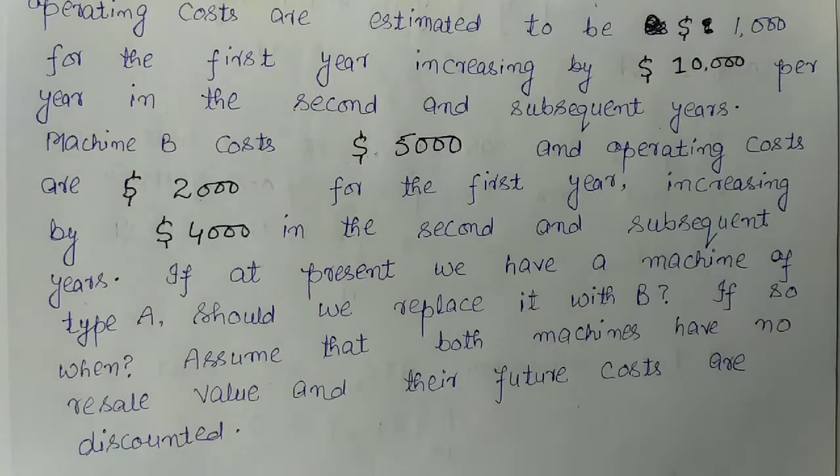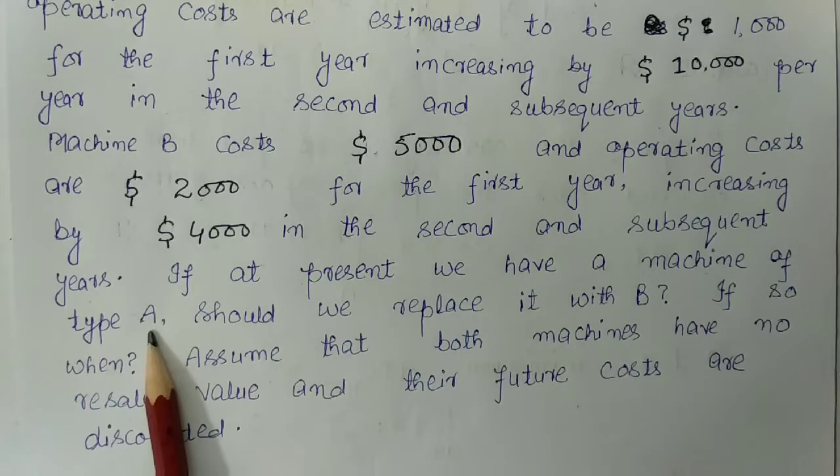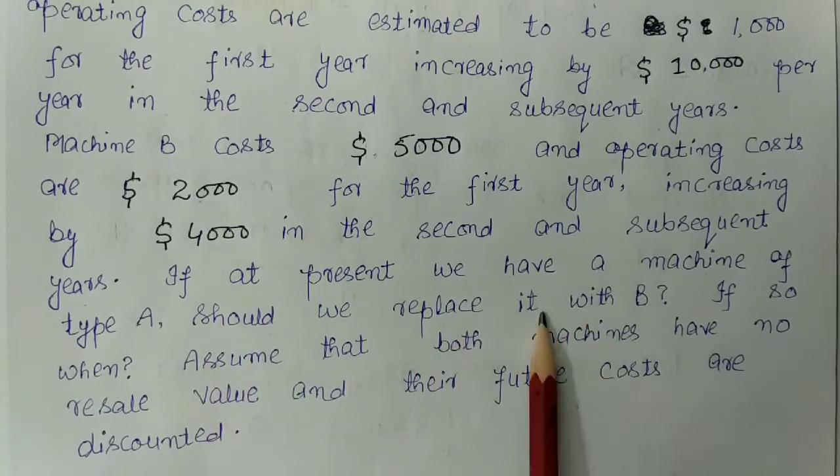Now let us check what we have to find out. If at present we have a machine of type A, should we replace it with B? We have to find out whether we replace machine A by machine B or not.